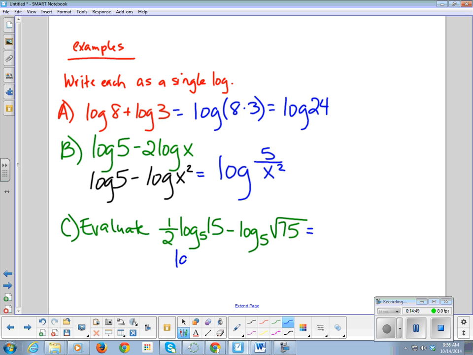So that's log base 5 of 15 to the 1/2, minus log base 5 of... When we attack this, do you want to attack this in square roots or do you want to attack it in 1/2 power? You have the choice. Square roots or 1/2 power. You want to do square roots? Okay.